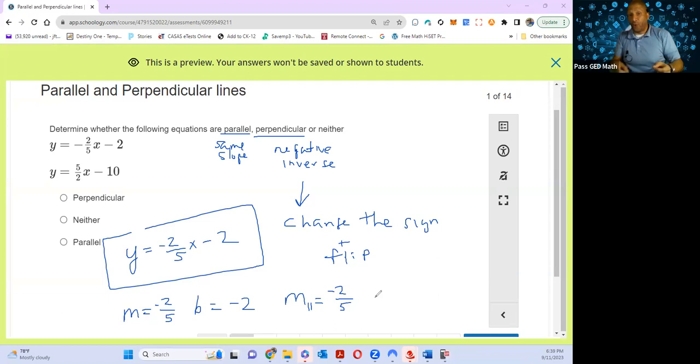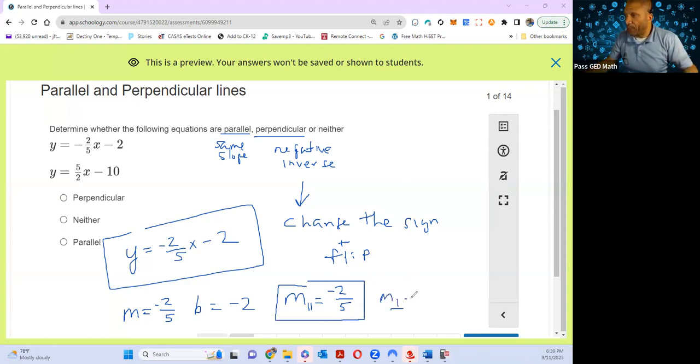What we're looking at for parallel and perpendicular is the slopes. Any equation that starts with y equals -2/5 x is parallel to that line. Doesn't matter what the y-intercept is. It could be -5, it could be +0.2.